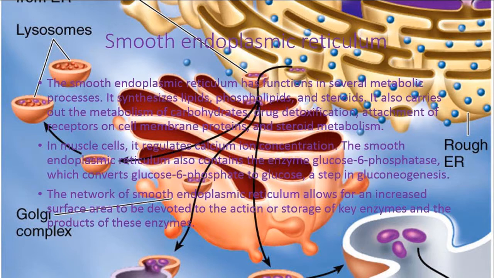It also carries out metabolism of carbohydrates, drug detoxification, attachment of receptors on cell membrane proteins, and steroid metabolism. In muscle cells, it regulates calcium ion concentration, and the smooth endoplasmic reticulum also contains the enzyme glucose 6-phosphatase, which converts glucose 6-phosphate to glucose, a step in gluconeogenesis.